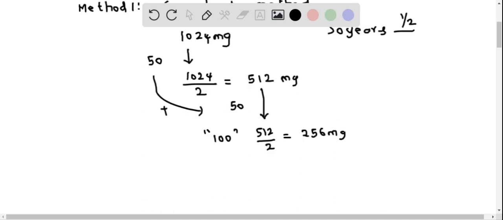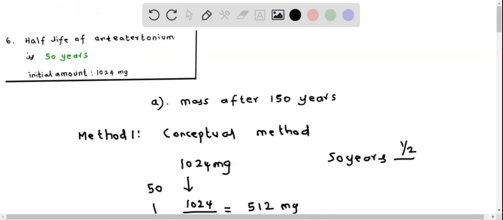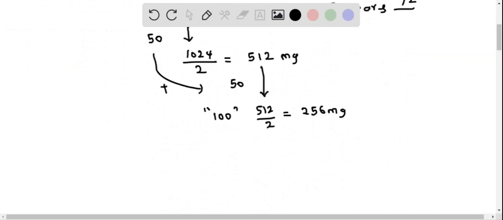And since we want to find the amount after 150 years, we calculate for one more half-life period. So for another half-life, 50 years, this amount will get reduced by half. So it is 256 divided by 2, and this equals 128 milligrams.